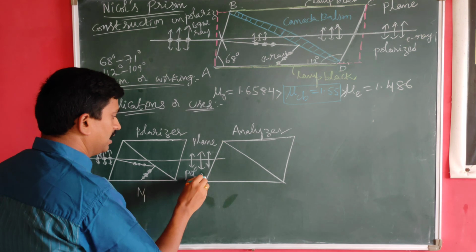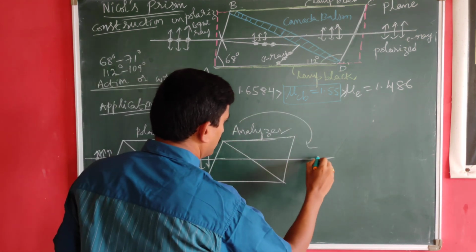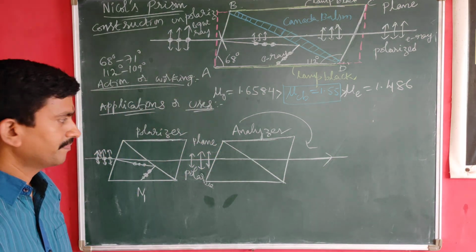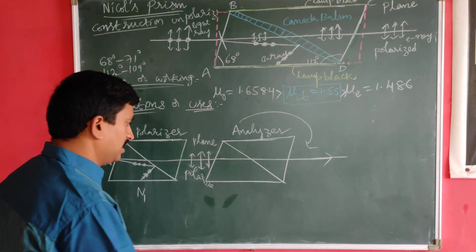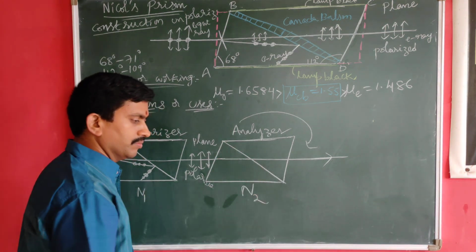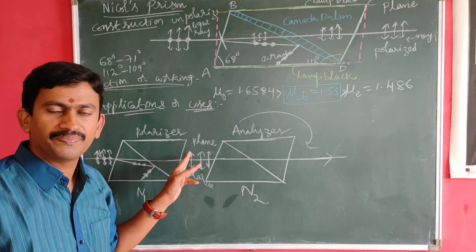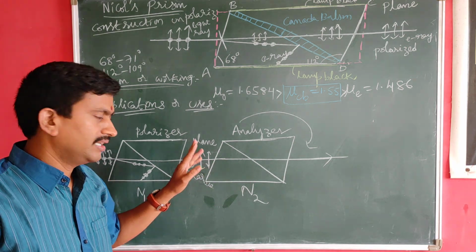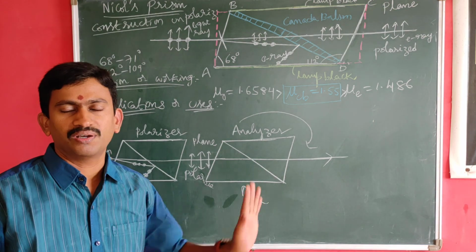Now the second nickel prism is rotated along the direction of propagation of the light ray. If the optic axis of the second nickel prism N2 is exactly parallel to the optic axis of the first nickel prism, then the polarized light is completely transmitted out.